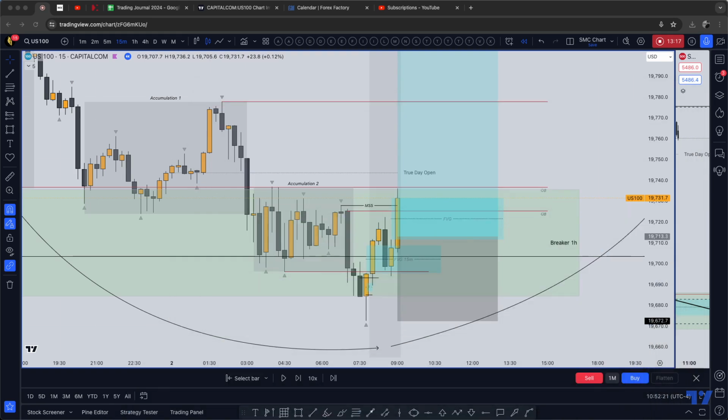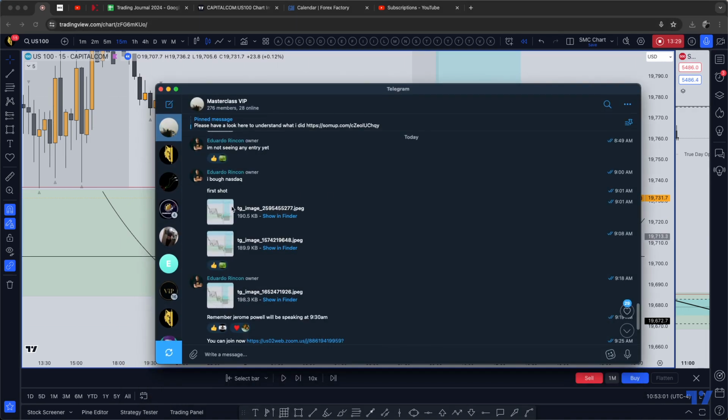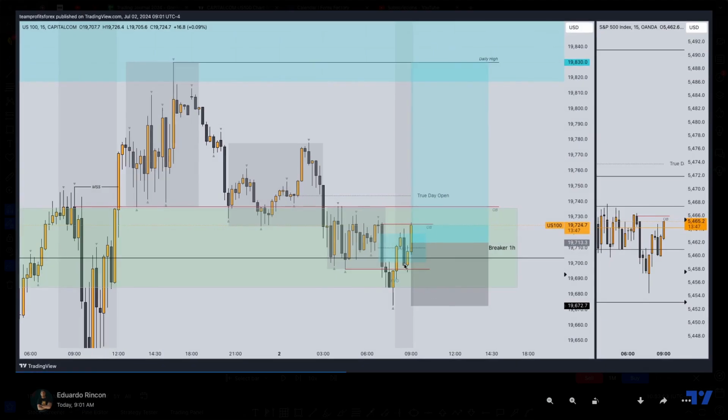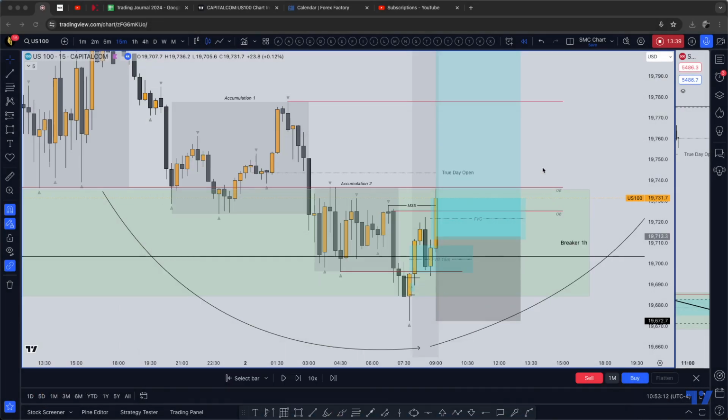I'll put a little video right here on top of the screen so you can see it. Right there. So when it was starting to push this actual candle right here, I entered, took the first shot, said I bought Nasdaq, and I sent a screenshot to the team.